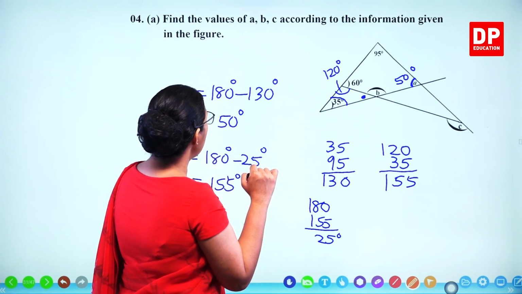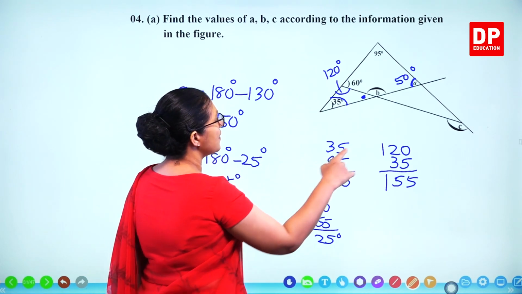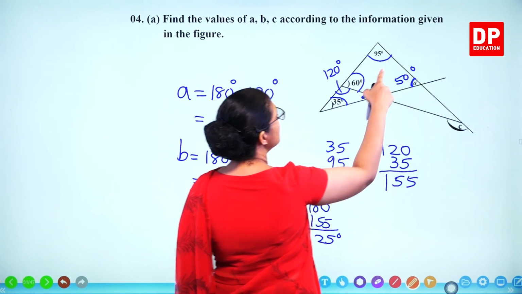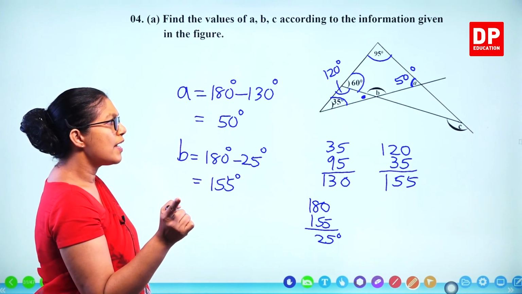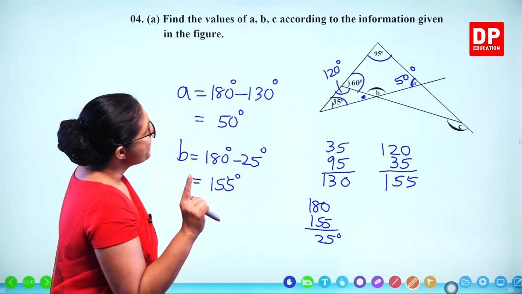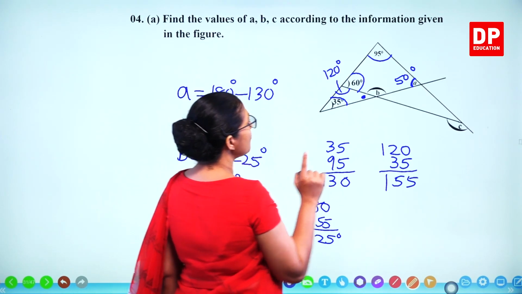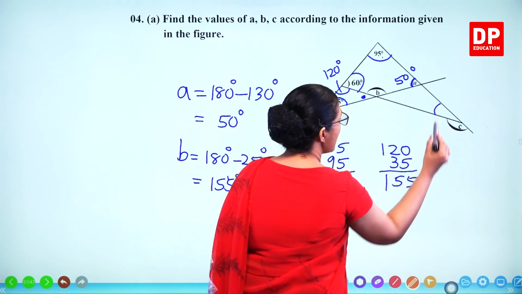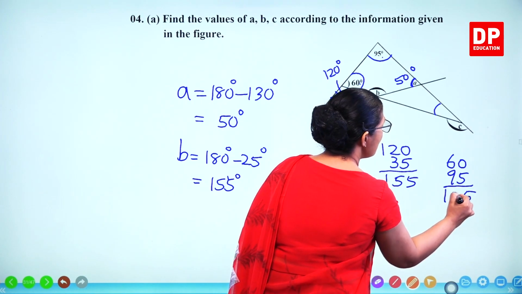Now we found A and B. What's C? C is this angle, sum of these angles. Do you know that? Sum of opposite interior angles add up to that exterior angle, or you can use this. Look at this one, this diagram. 60 and 95 there. So you can find this angle, 60 and 95. 155.